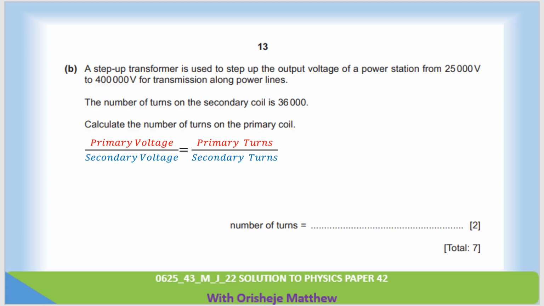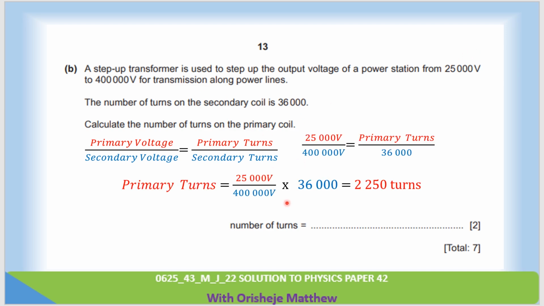Simple proportion. Primary voltage over secondary voltage is equal to primary turns over secondary turns. So substitute your values, and I give you 22,500 turns. As easy as that. So you have your 7 marks in your brain.